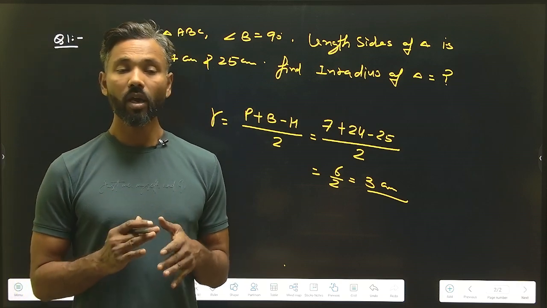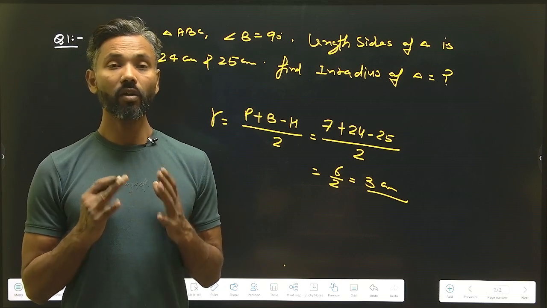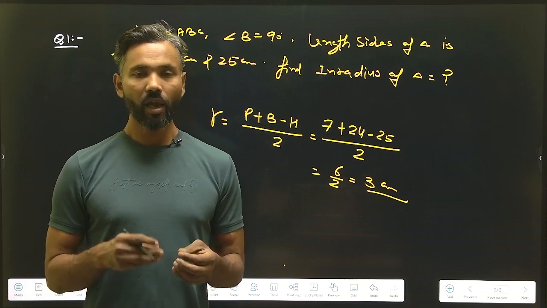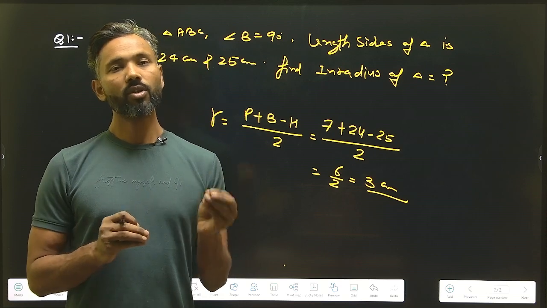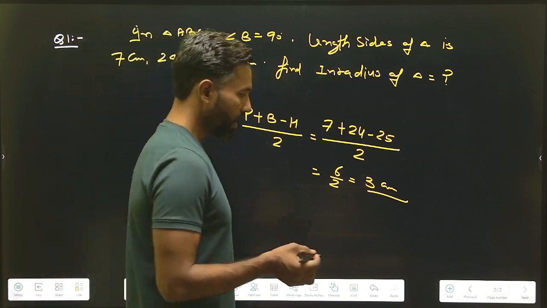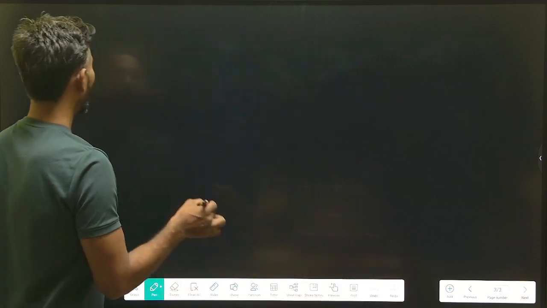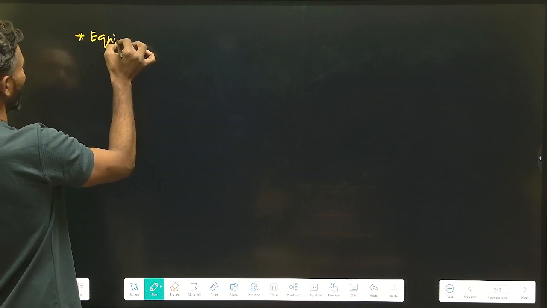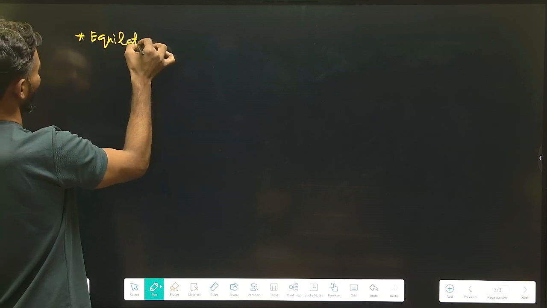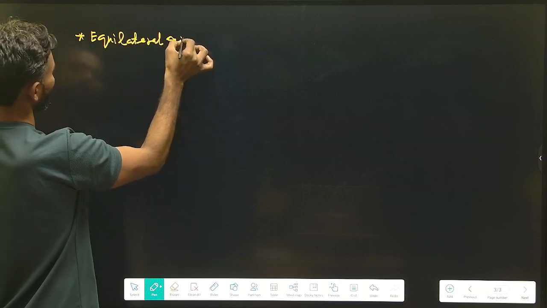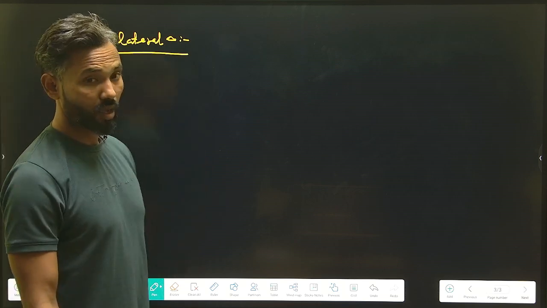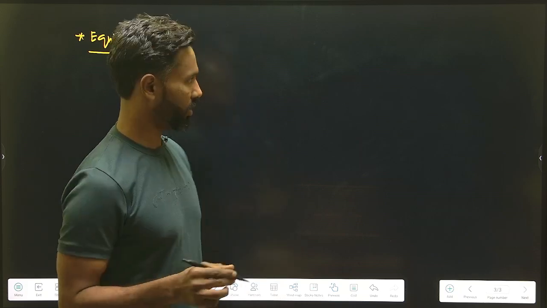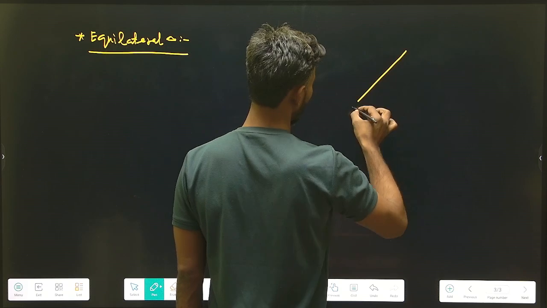You already know that an equilateral triangle is a triangle in which each side is equal, and each angle is going to be 60 degrees. Now we will discuss the formula for calculating the length of the Inradius for an equilateral triangle.